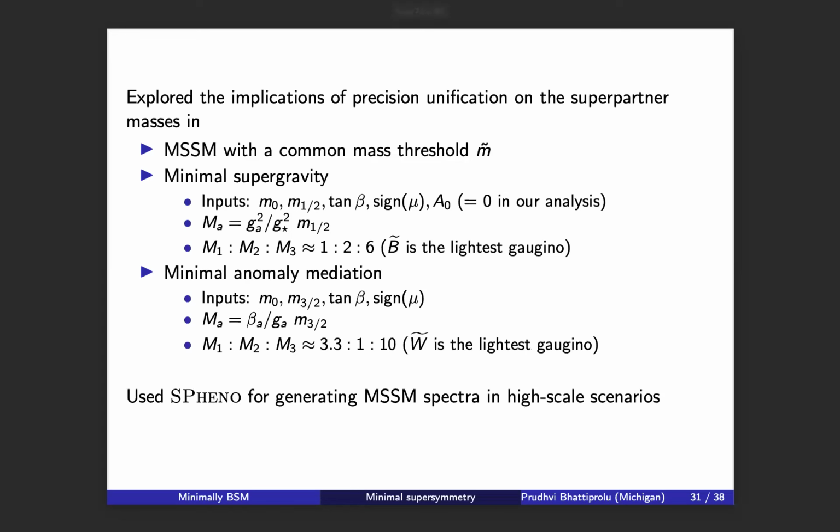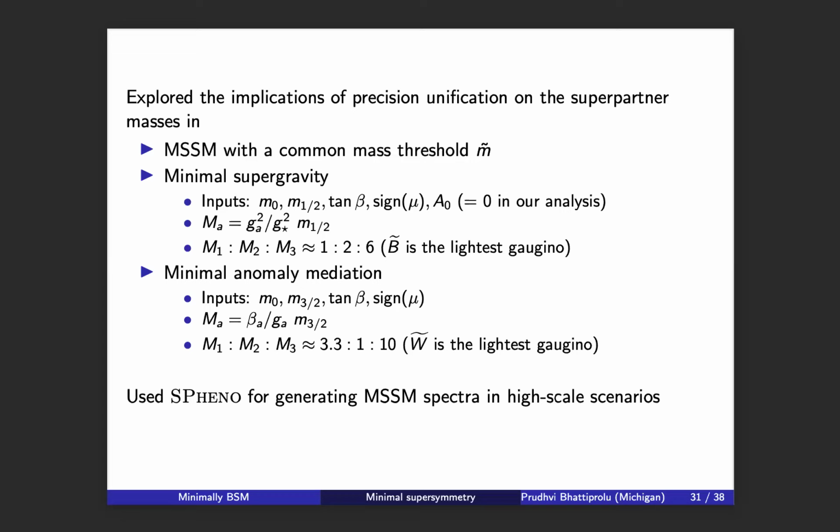And finally, I'll also talk about the implications of unification in minimal anomaly mediation, where the SUSY breaking is mediated by some conformal Weyl anomaly. And here there are 4 inputs: universal scalar mass at the GUT scale, the gravitino mass, tan beta, and the sign of the Higgs mass parameter.